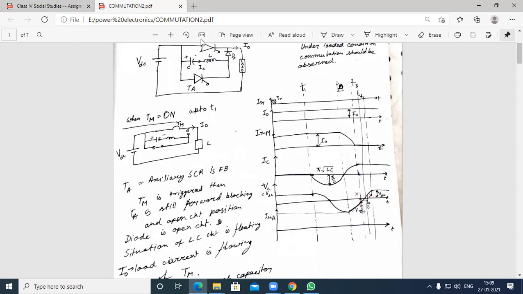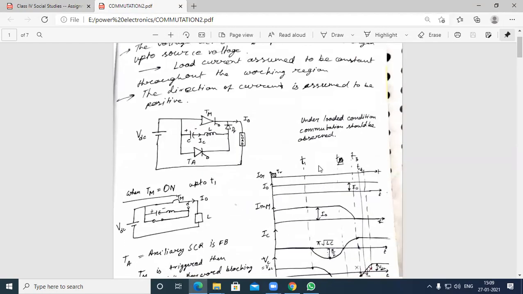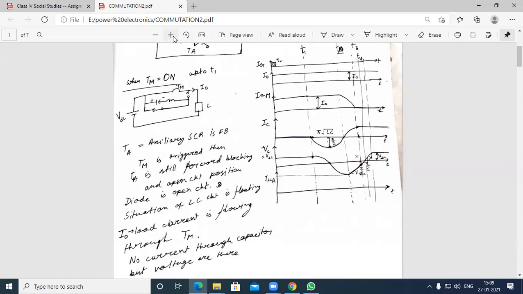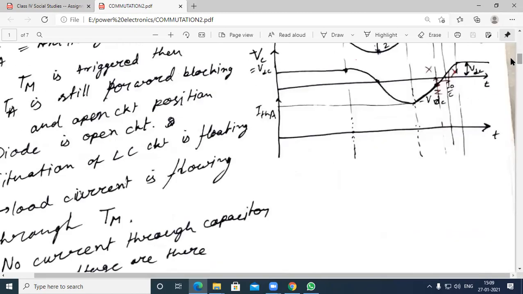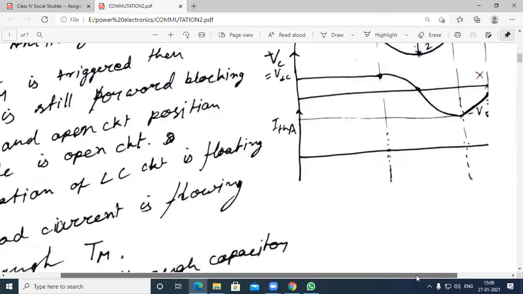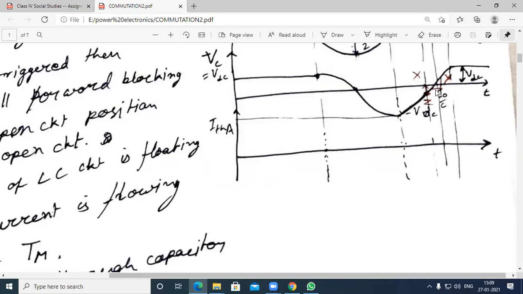Now in this figure, if the slope is considered, you can see this triangle x, y, z. If you observe this triangle, then this slope I naught by C is equal to XZ by XY.